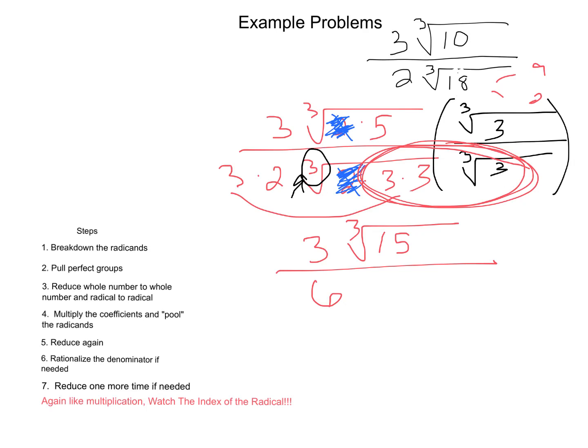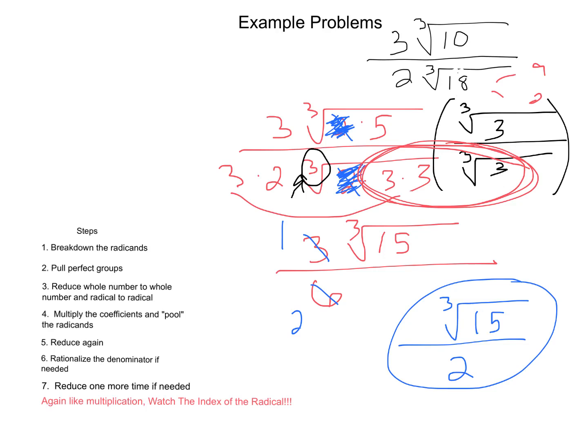Well, I can reduce the whole numbers. This drops to 1. This drops to 2. So our answer would be 1 cube root of 15 all over 2. And yes, for those of you wondering, you do not need the 1 there. So if you want to make it go away, you can. So there is your answer.